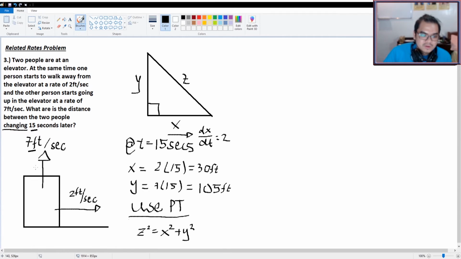Your y changes 7 feet per second, therefore dy over dt is going up, so dy over dt must be equal to 7.